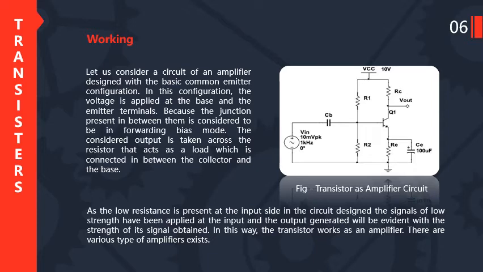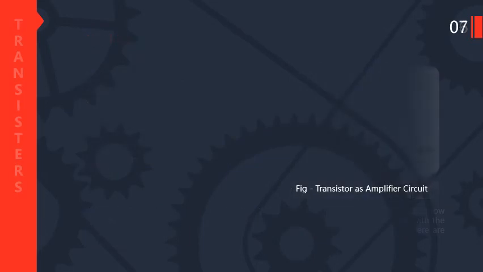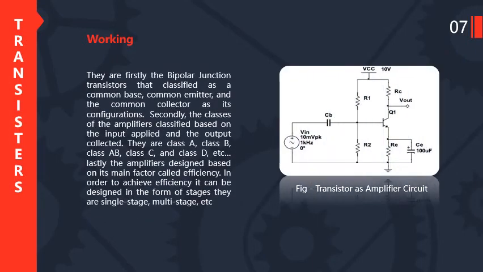There are various types of amplifiers. Firstly, the bipolar junction transistors, classified as common base, common emitter and common collector as their configuration. Secondly, the classes of the amplifier, classified based on the input applied and the output collected.